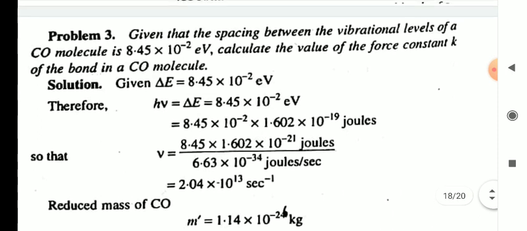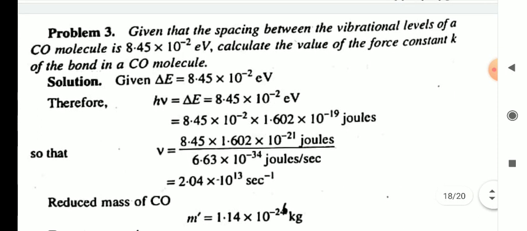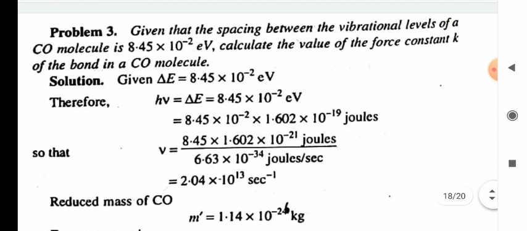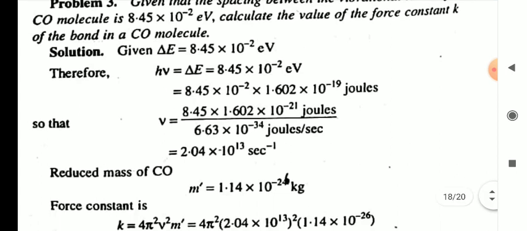You have to multiply this energy, which is in electron volts, by the electronic charge, 1.602 into 10 raised to minus 19, so that electron volt is converted into joules.